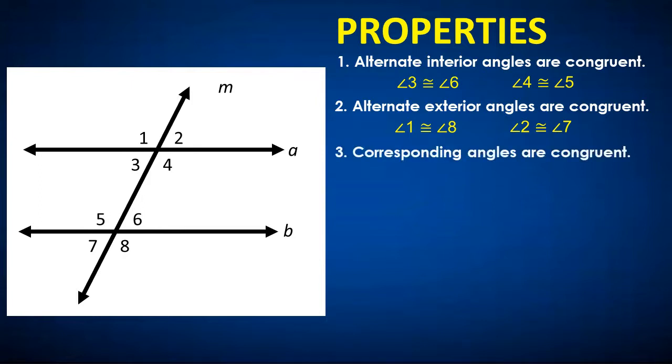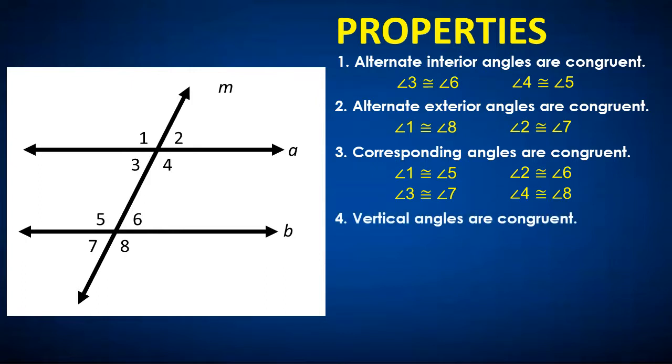Next, number 3. Corresponding angles are congruent. So, which are our corresponding angles? We have angle 1 and angle 5, so angle 1 and angle 5 are congruent. Next, angle 2 is congruent to angle 6. Next, angle 3 is congruent to angle 7. And then, angle 4 is congruent to angle 8.